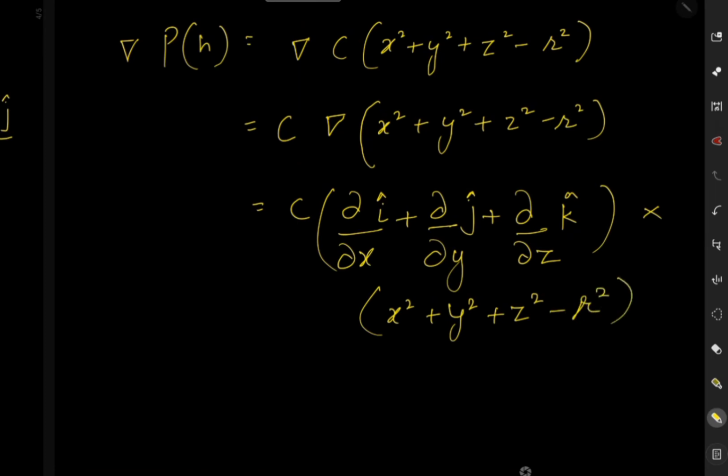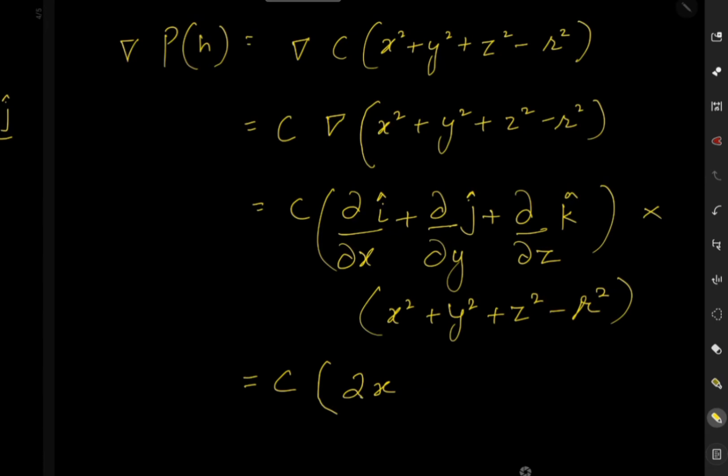If we apply del by del x on x square plus y square plus z square minus r square, since it is partial differentiation, the term with which we are differentiating will be taken into account and all the other terms will be taken as constant. So this first term will become 2x.